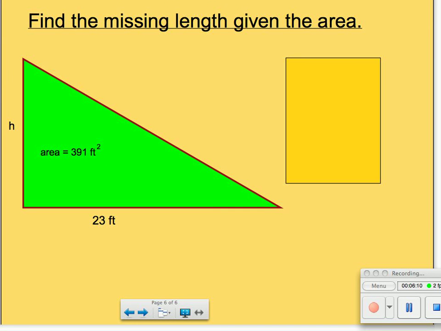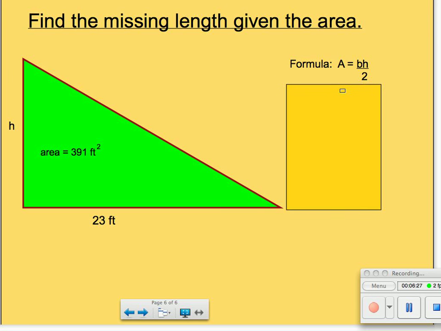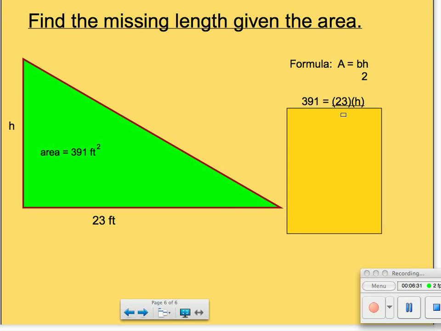So if we look at this green triangle, you can see it has an area of 391 square feet. We know that the base is 23 feet, and we're looking for that height. So as we did on the last example, we're going to start with our formula. We're going to put in the information that we know. Area is 391, my base is 23.